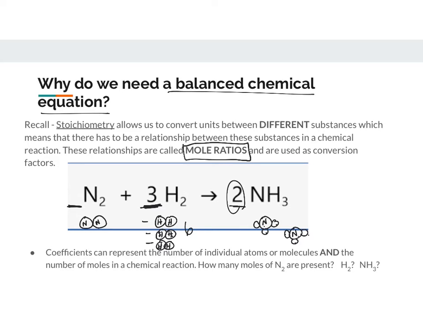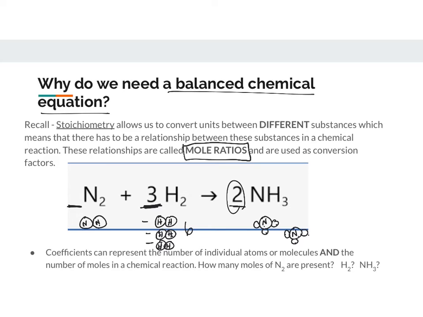I have 2 nitrogens on this side, I have 2 nitrogens on this side. So everything is balanced because the number of atoms and the kinds of atoms are equal on both sides of our equation. Well, something else that the coefficients can represent is the number of moles in a chemical reaction.